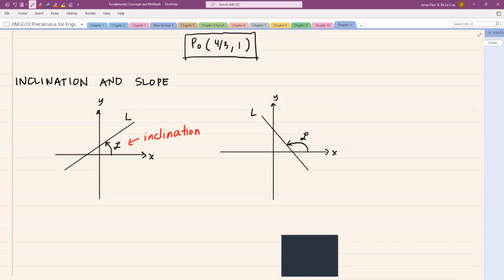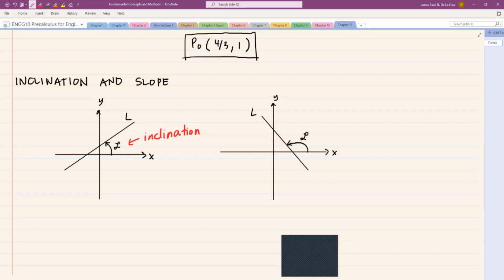If the inclination is 0, then the line L is parallel or coincident with the x-axis. Okay? When the inclination is 0, it means our line is horizontal.